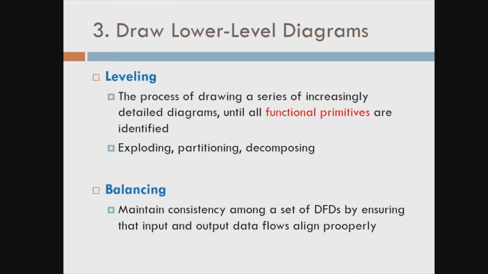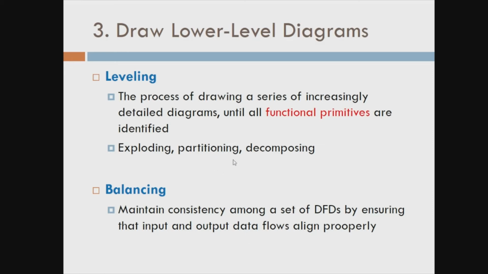Okay, the third step, draw lower level diagrams. So we have leveling and balancing. In the process of leveling, you draw a series of increasingly detailed diagrams until all function primitives are identified. It means we need to identify all the primitive functions in your system.